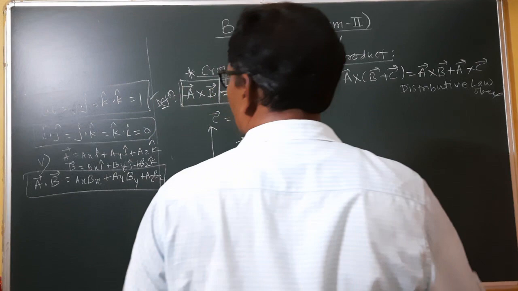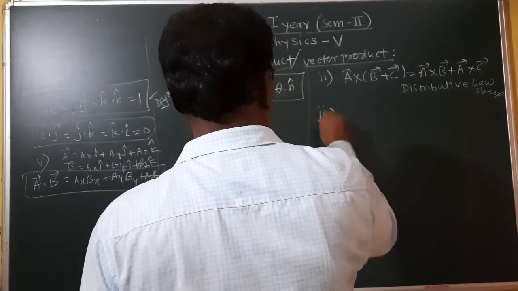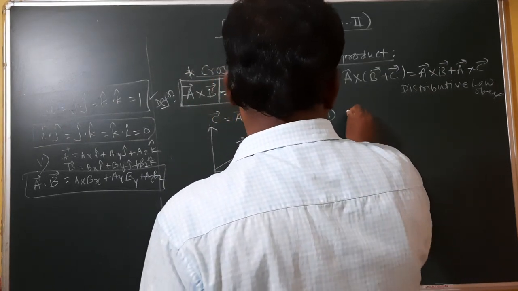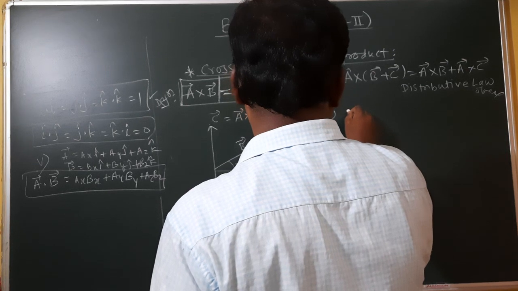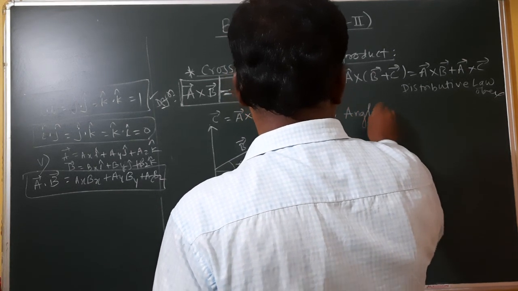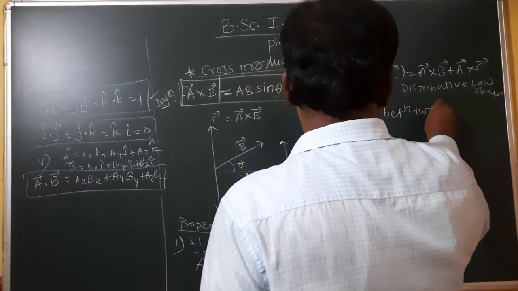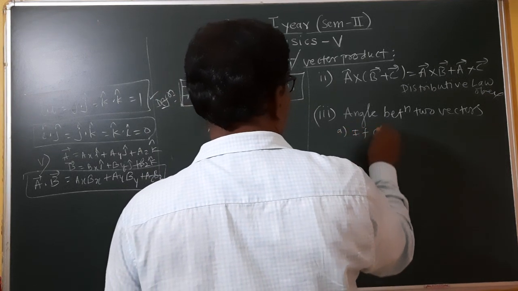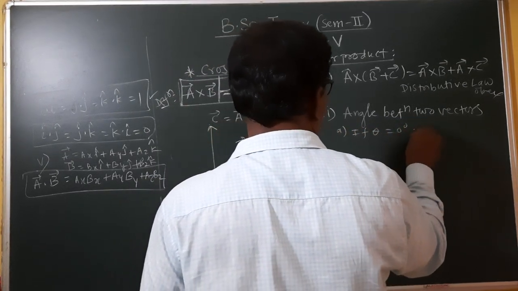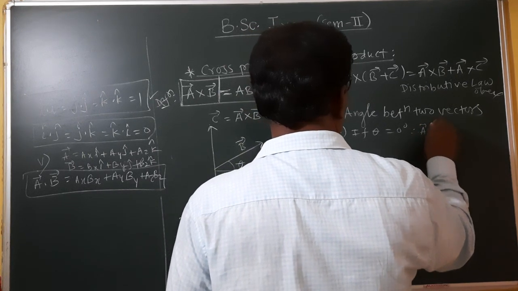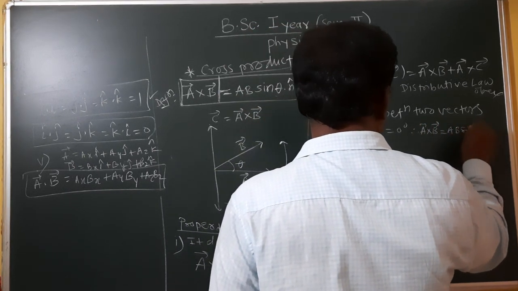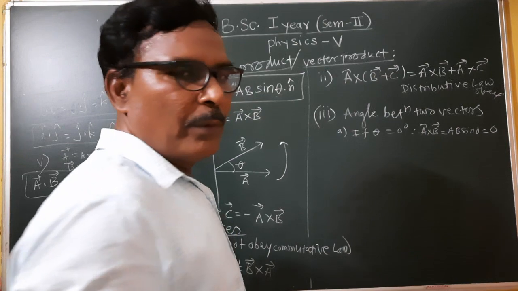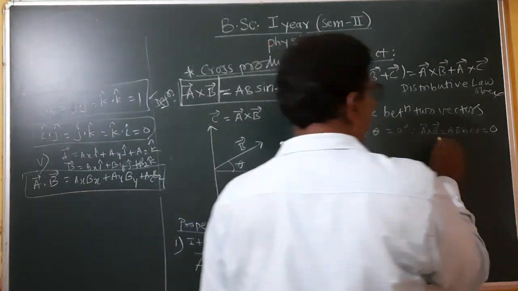Third property: vector product and the angle between two vectors. If theta is equal to 0, then A bar cross B bar is equal to AB sine of 0, and it gets 0. Means if two vectors are parallel to each other, their vector product is 0.